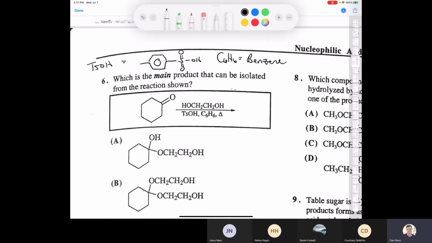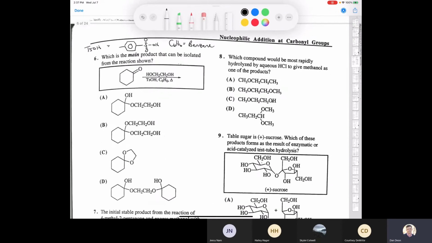Okay, so I'll let you guys take a look at the answers and if anybody could tell me what the answer would be here. What would we get in this particular case? Taking a glycol or a diol, treating a ketone with a catalytic amount of acid.